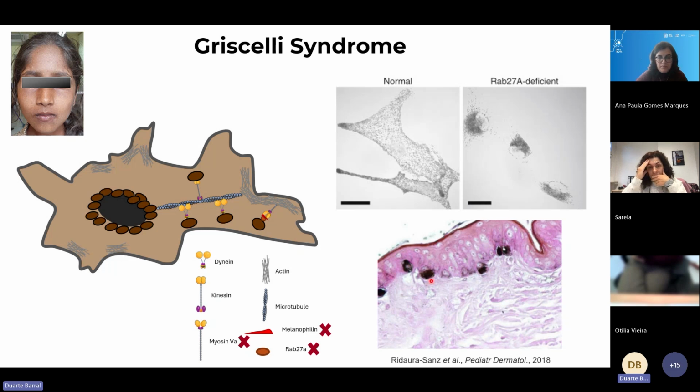So melanin gets packed, concentrated inside melanocytes and cannot be transferred as efficiently, or almost no transfer, or at least you don't have a homogeneous transfer. That's why you have these spotty, these spots of hypopigmentation in the skin of the patients.